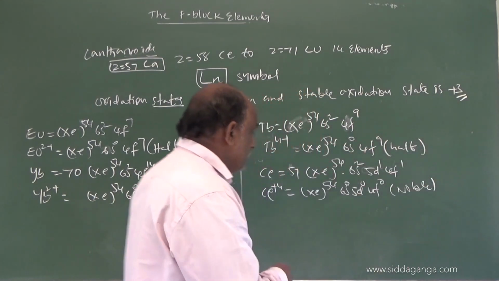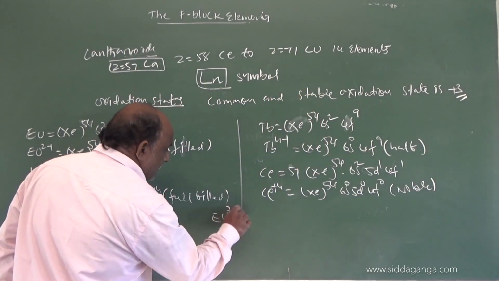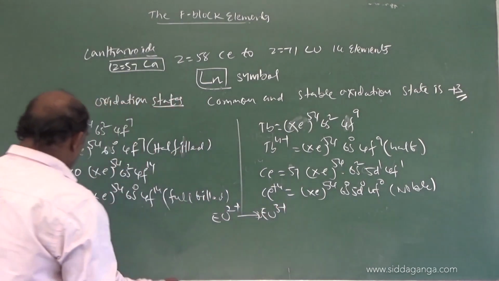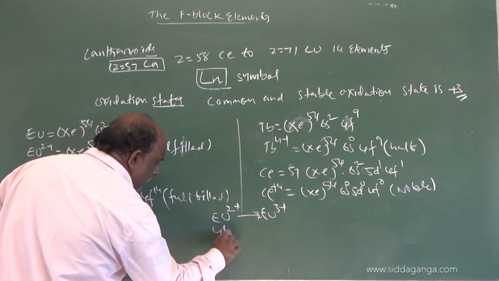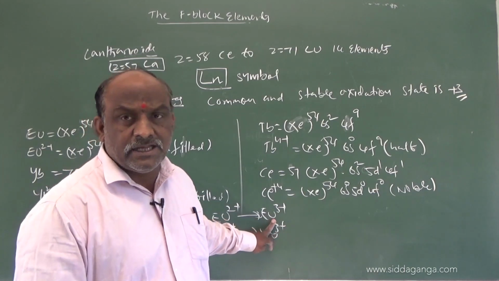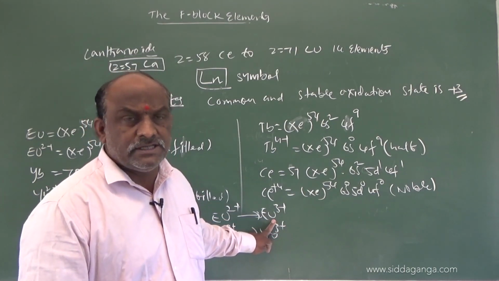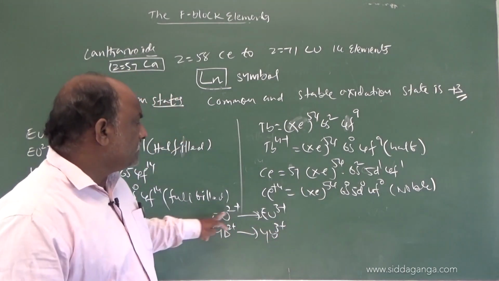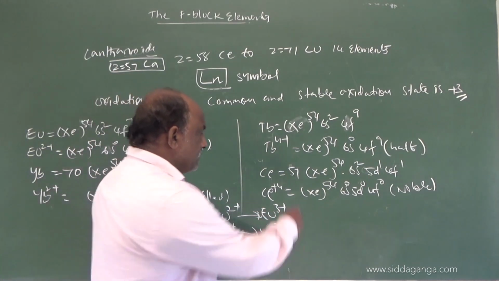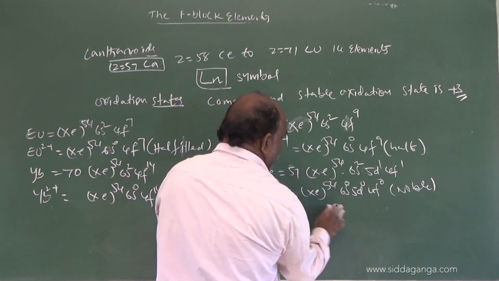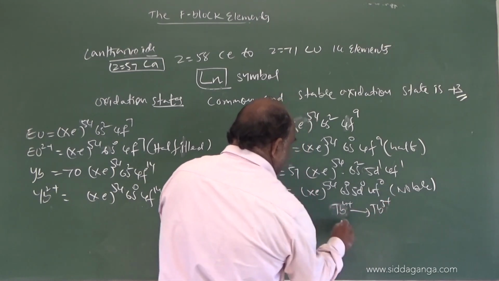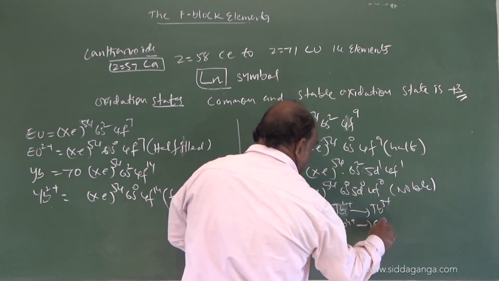Eu2+ is unstable, so it is converted into Eu3+, and Yb2+ converted to Yb3+, because the +3 oxidation state is stable. Tb4+ converted to Tb3+, and Ce4+ converted to Ce3+.